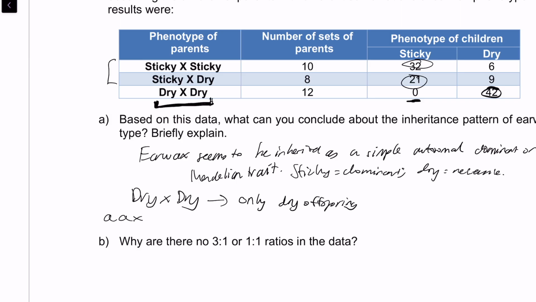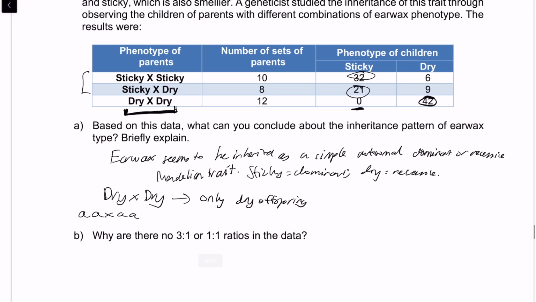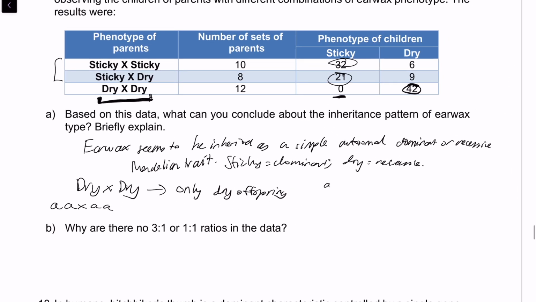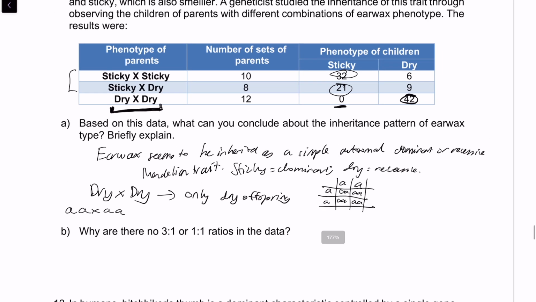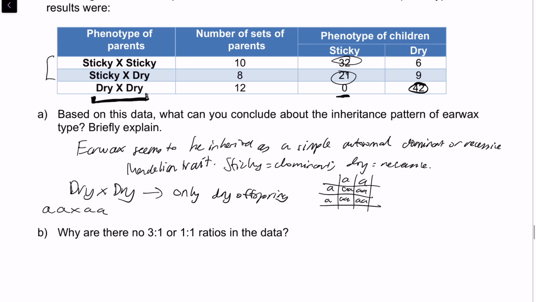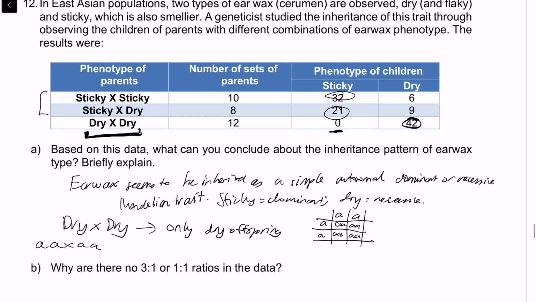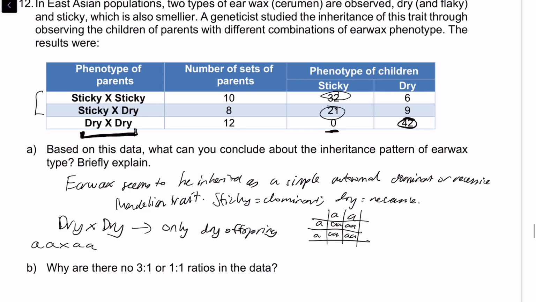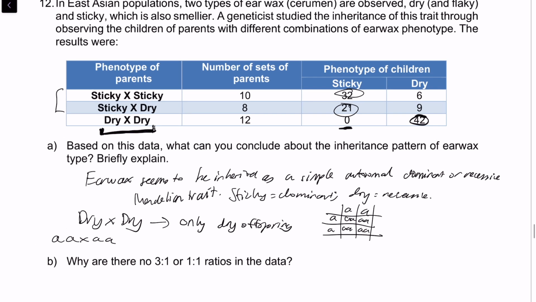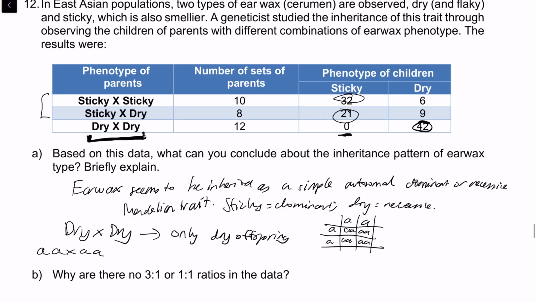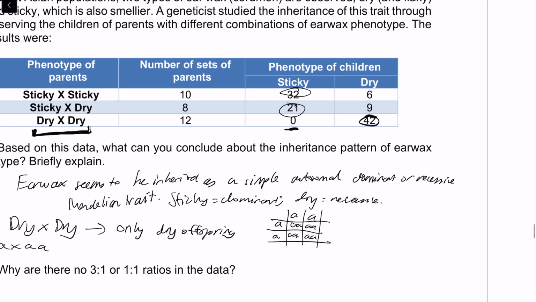If we crossed two recessive alleles, then we know that all of their offspring are going to have dry earwax. Okay, right, there is no possibility for that dominant genotype, which is the capital A in this case, to express itself in the genotype and therefore to be expressed in the phenotype. Okay, the actual earwax of the offspring.